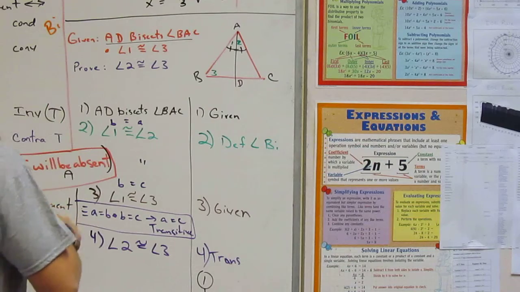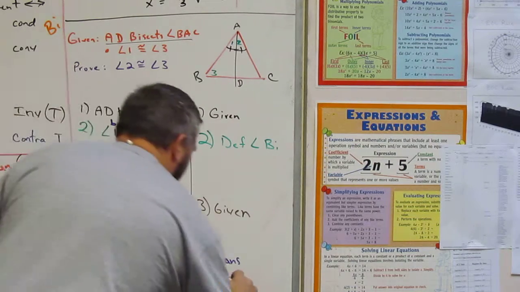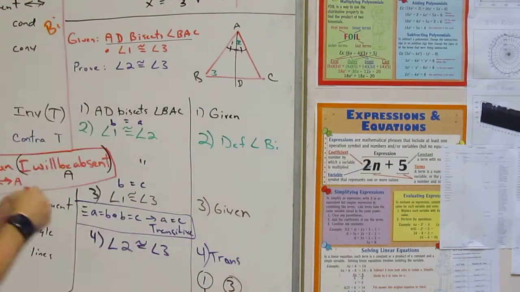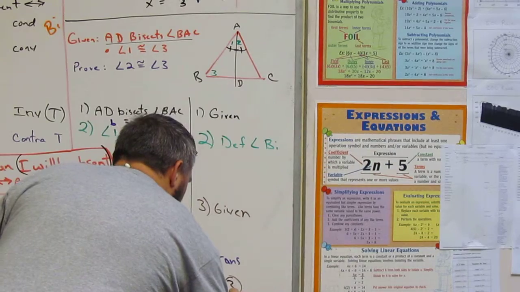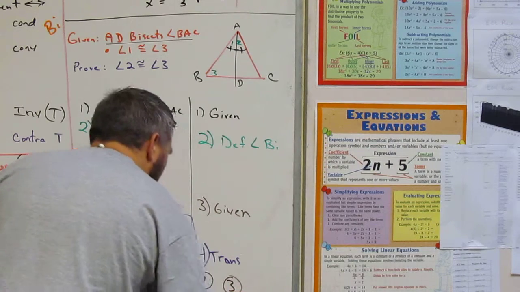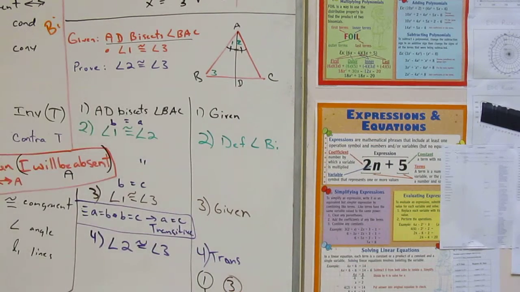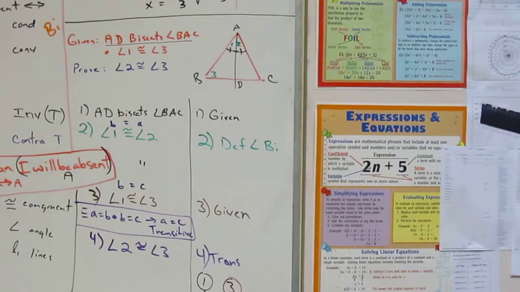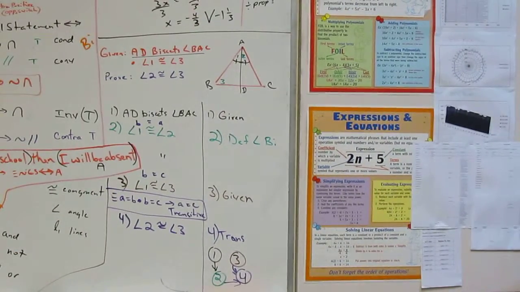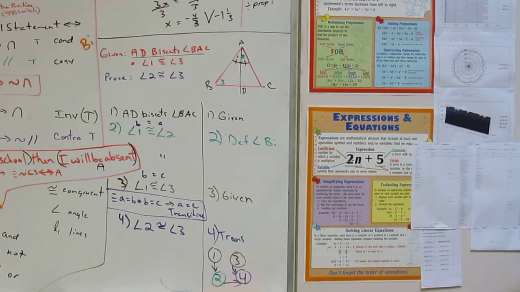But then I started 3 all by itself. But then I was able to get 4. 4 came from 3 and 2. And that's the flow chart.